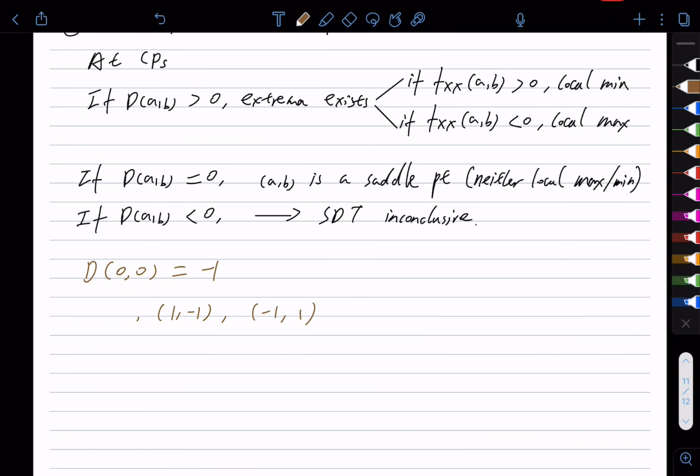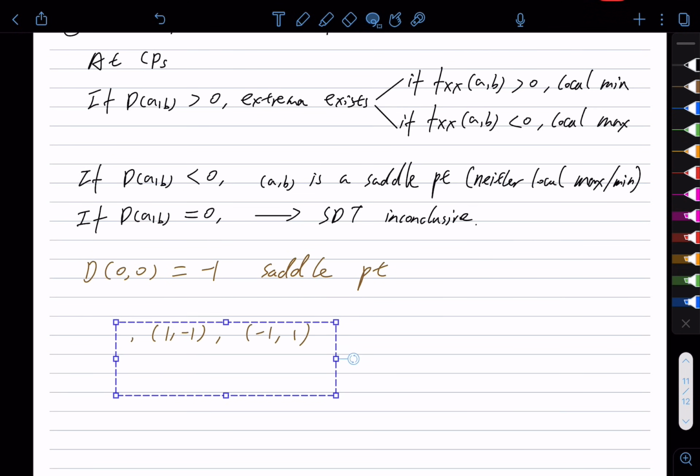I'm just going to skip the process and let you plug everything in. Oh, never mind, I got this backwards. The discriminant is smaller than 0 in that case and equal to 0 in the other, okay? So that means this is a saddle point, because the discriminant at (0, 0) is smaller than 0 based on our second derivative test.